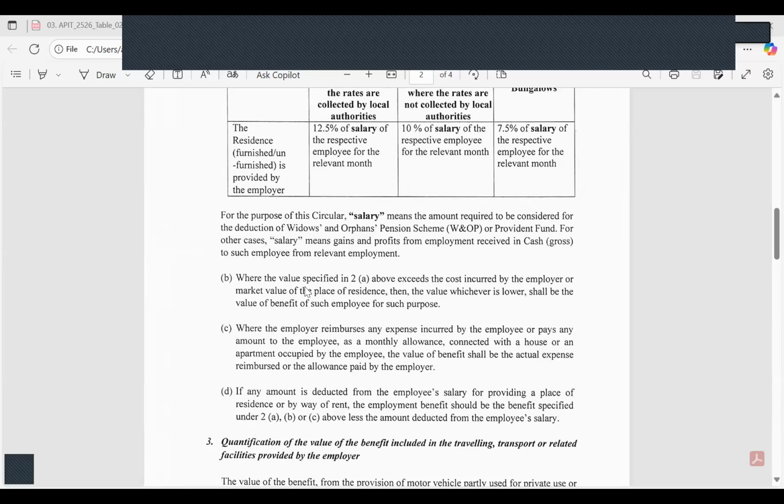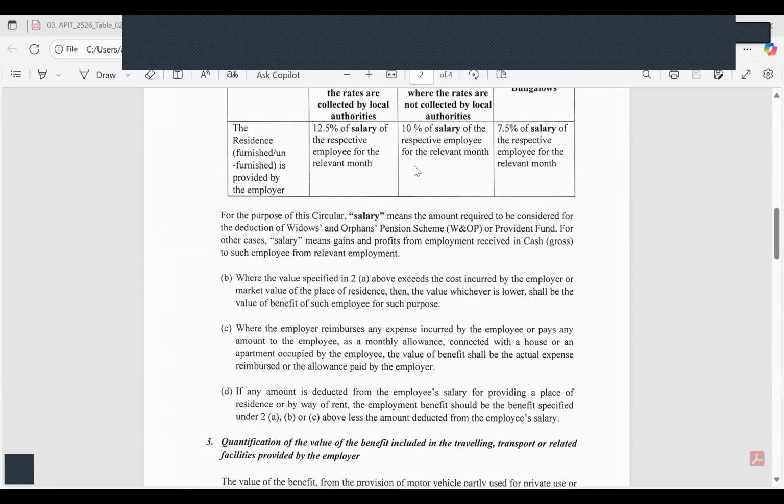It says, where the value specified in 2A, 2A means this table, exceeds the cost incurred by the employer or the market value of the place of residence. Sometimes the market value of the residence is more than this amount, or sometimes the employer pays the landlord more than this amount.